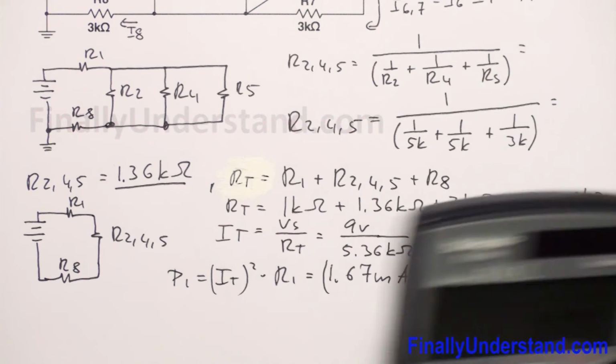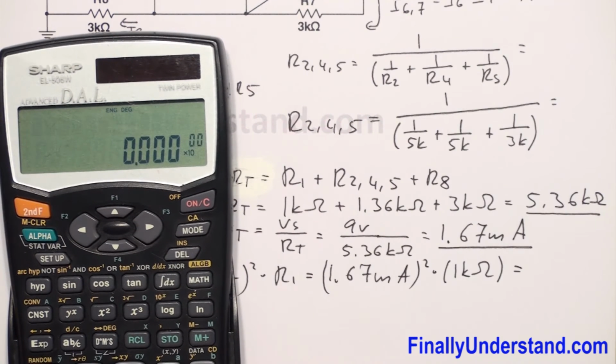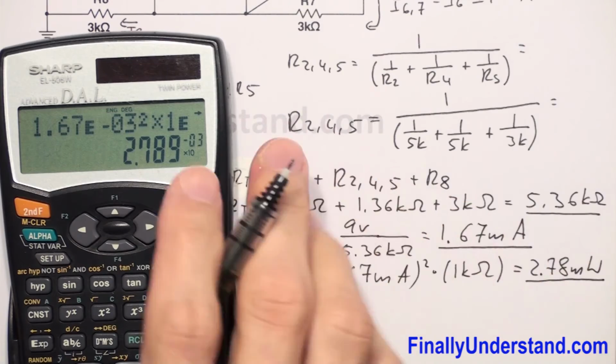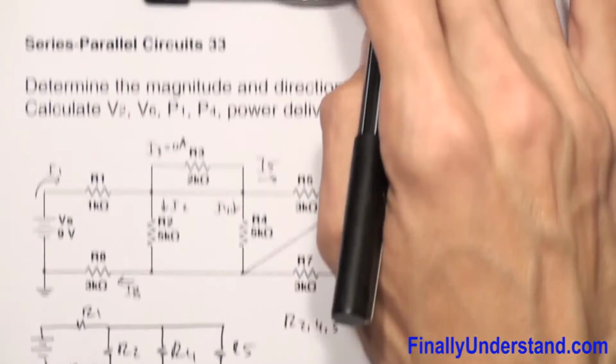This is equal to 2.78 milliwatts. Okay, so we found P1.